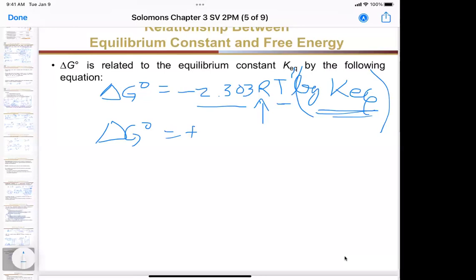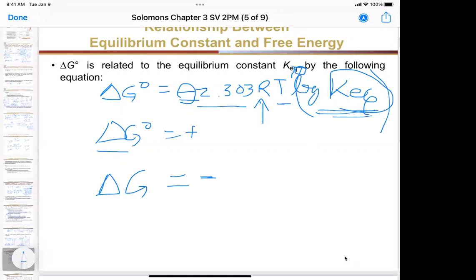If your log Keq is negative, it's going to give you a positive delta G, because this negative sign multiplied by this negative sign equals a positive sign. But if this equilibrium constant is positive, you're going to have a negative number, and so you'll have a negative delta G.